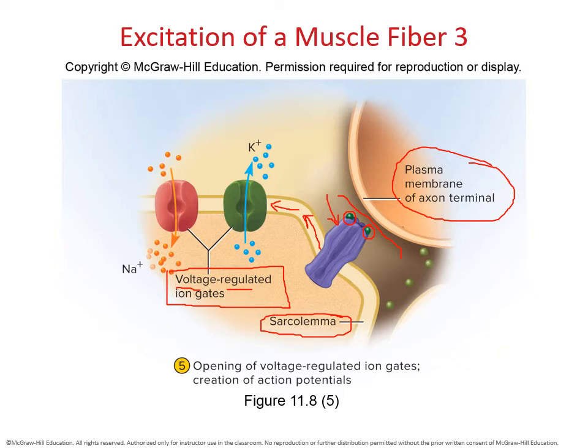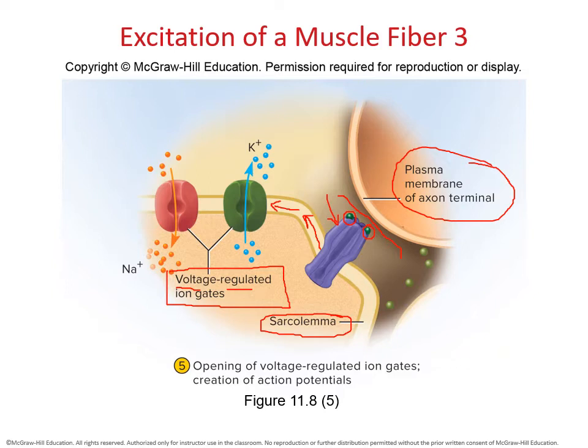So as the sarcolemma becomes excitable, its end plate potential starts to spread across its entire length and will eventually encounter these voltage regulated ion channels. And these ion channels will notice the change in membrane potential, and they will respond by opening up.